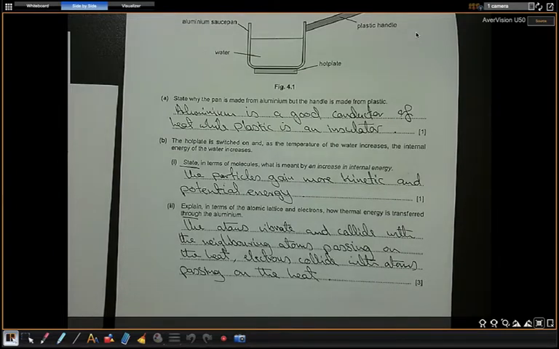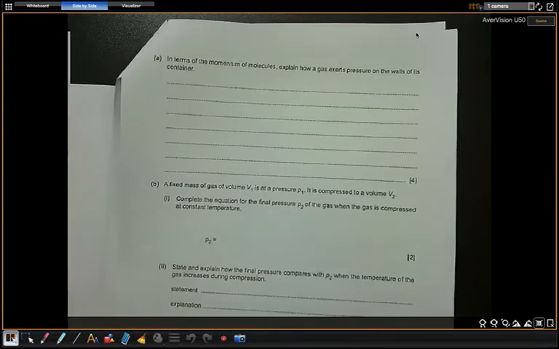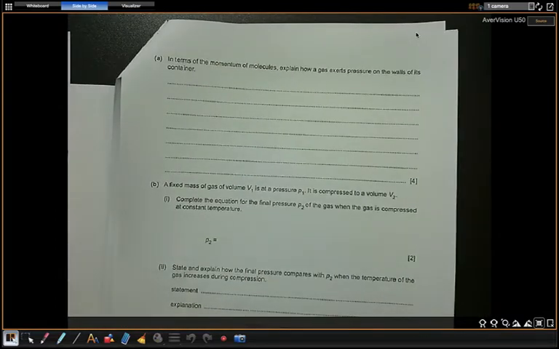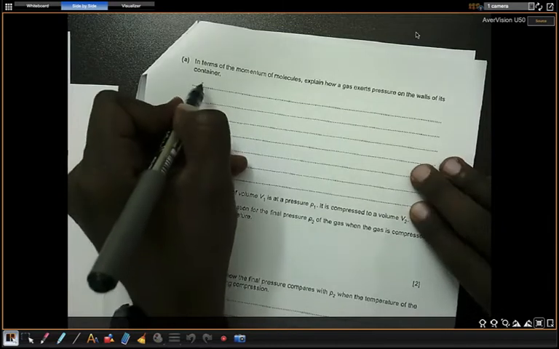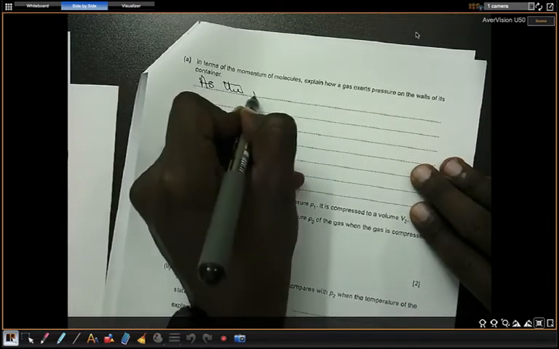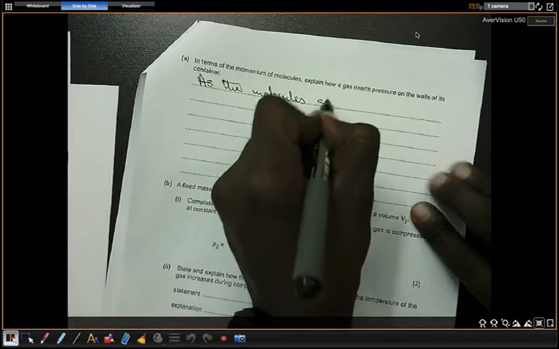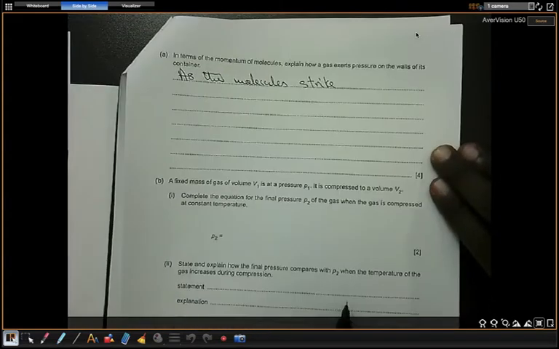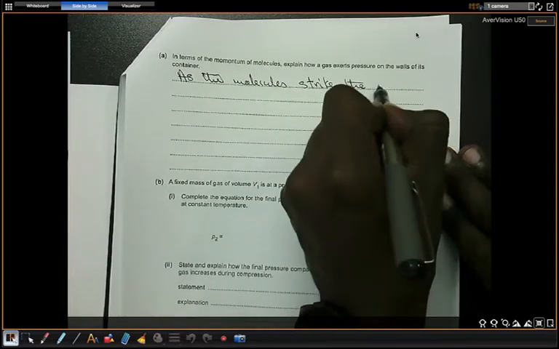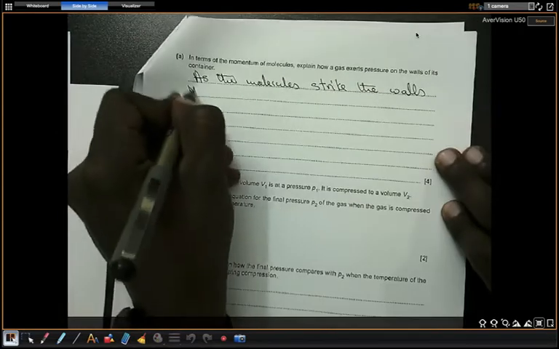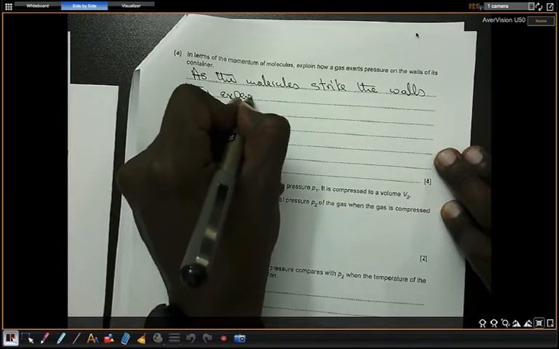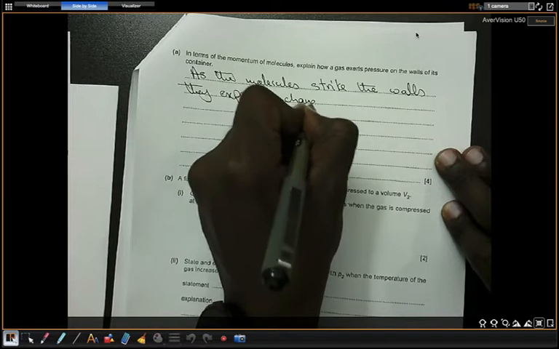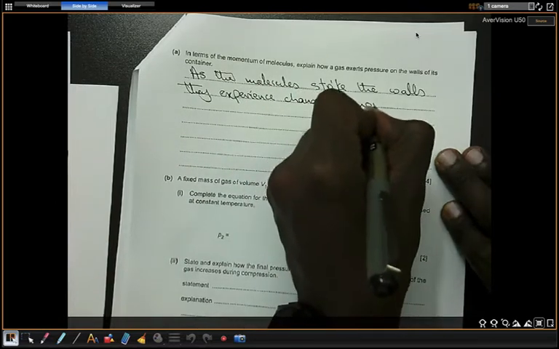Okay? Now, moving on. In terms of momentum of molecules, explain how a gas exerts pressure on the walls of the container. So what we're going to do is say, as the molecules strike the walls, they experience a change in momentum.